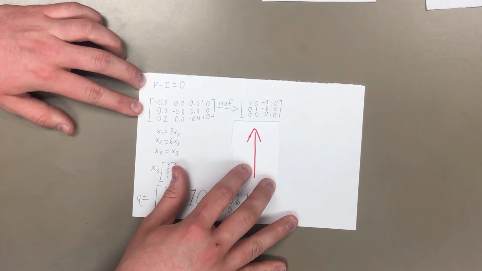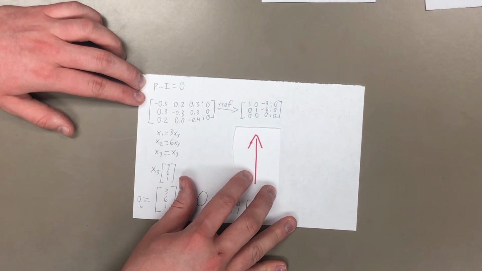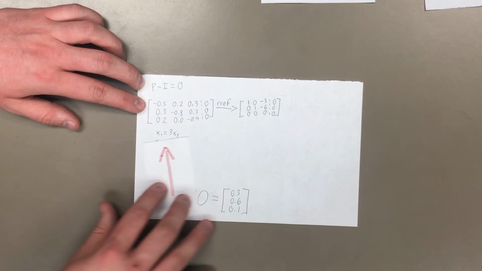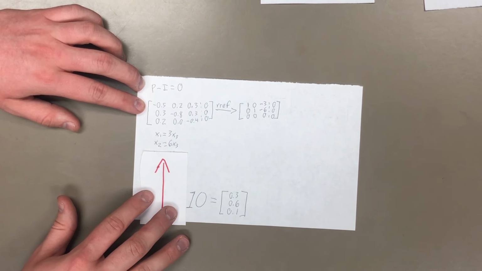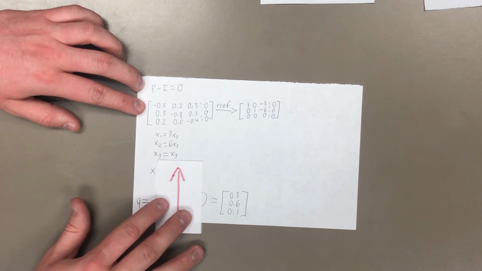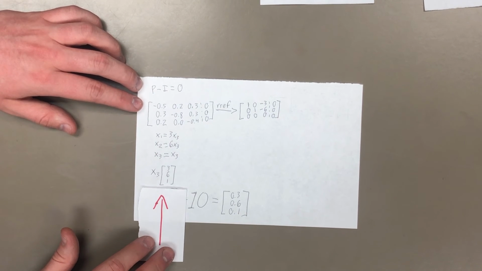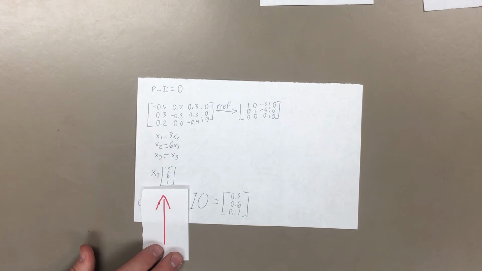This leaves us with the matrix 1, 0, negative 3, 0, 0, 1, negative 6, 0, 0, 0, 0, 0. From this we see that x1 equals 3x3, x2 equals 6x3, and x3 is a free variable because it's all zeros, so x3 equals x3. The solution is x3 times the vector 3, 6, 1.